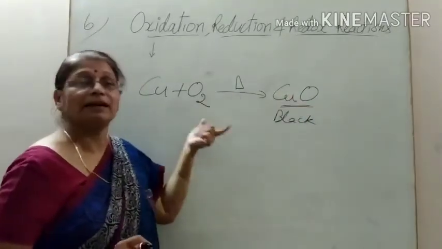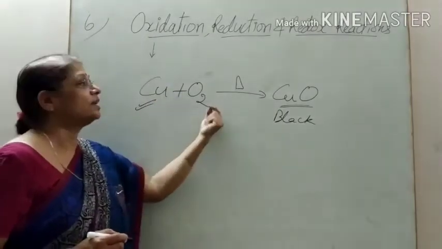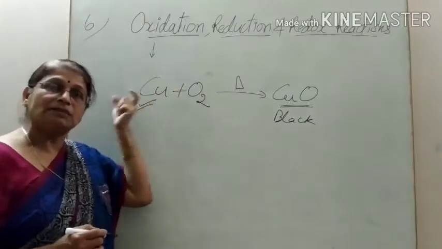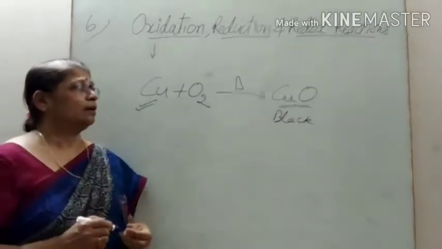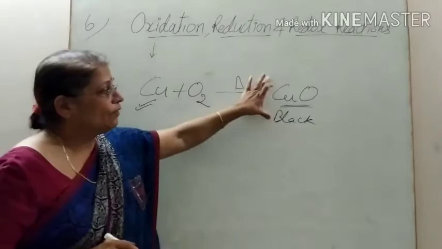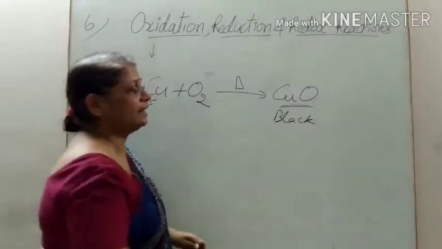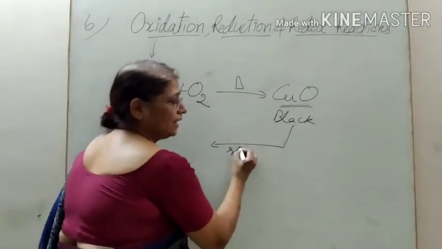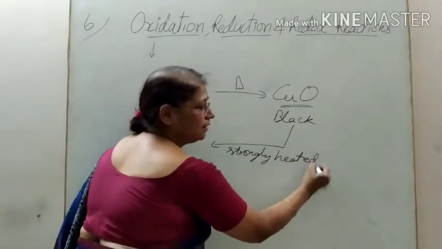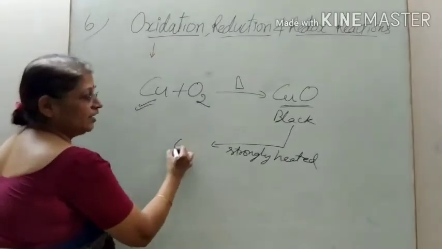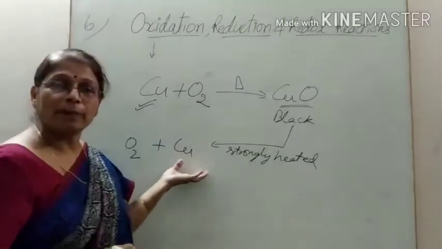So what happened here? The copper metal gets oxidized. Whenever oxygen is added to some substance, it means that substance is oxidized. Clear? One more thing. When copper oxide, which is black in color, is strongly heated, it will convert into copper plus oxygen. Again it returns back, giving copper and oxygen.